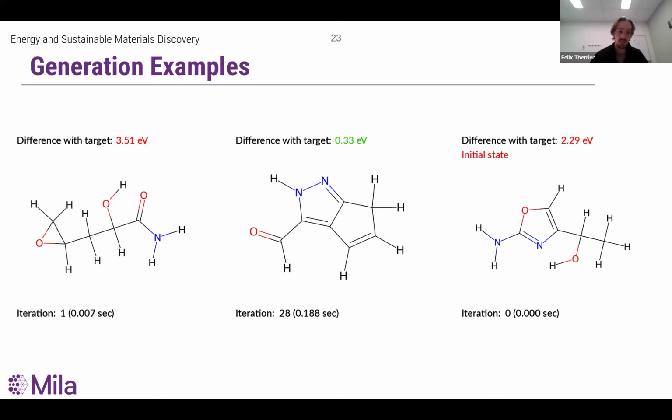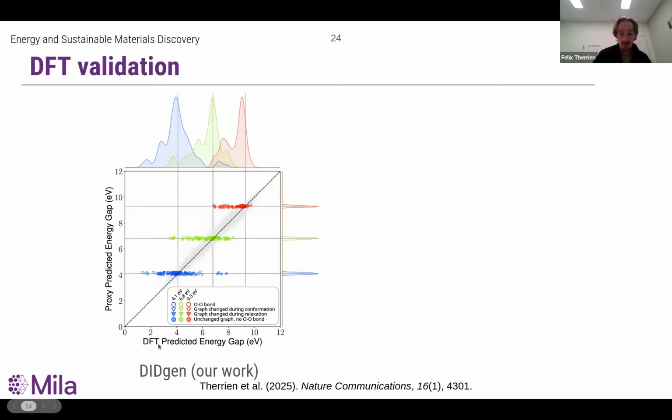So we did the extra step of verifying, using band gap as a test, whether the band gap of these generated molecules was actually, in DFT, the band gap that we requested. This is a parity plot. You have the predicted energy on the y-axis and the DFT energy on the x-axis.